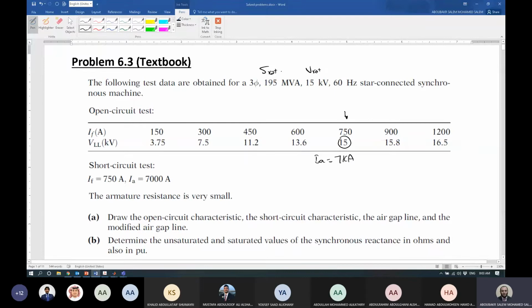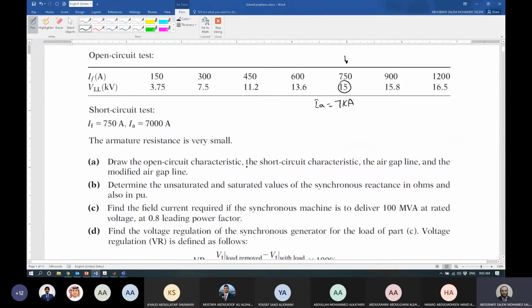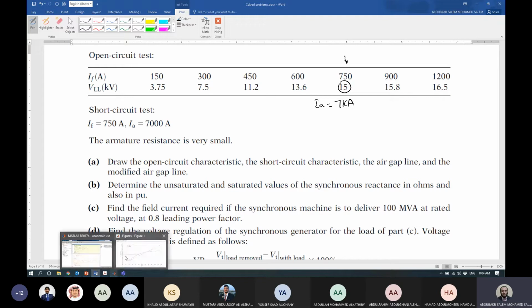Right. Now it's required to first draw the open circuit characteristic, the short circuit characteristic, the air gap line, and the modified air gap line. Plotting these data I will leave for you, I will just show you the plotted curve.